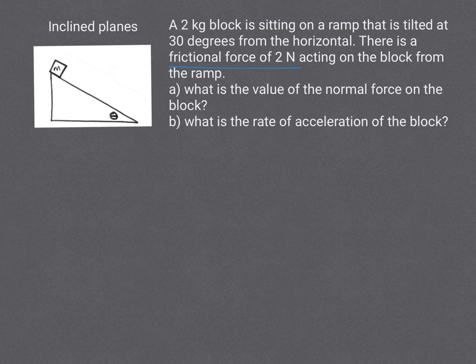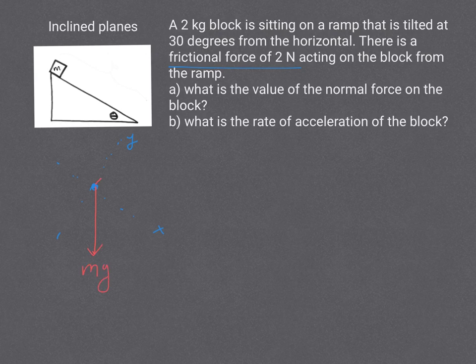All right. First thing I'm going to do is draw out my free body diagram. I'm going to draw it off of the picture there. So there's my block. I'm going to tilt my axis. I'm going to draw my tilted axis there. So this is my x and this is my y. All right, I have gravity going straight down.